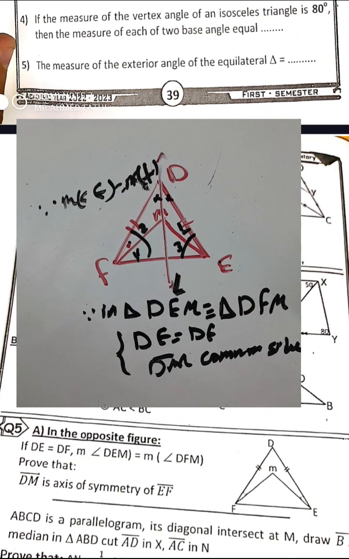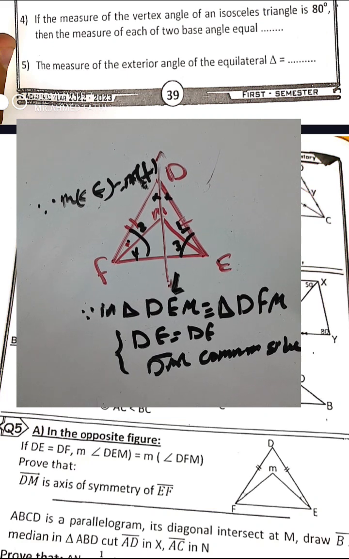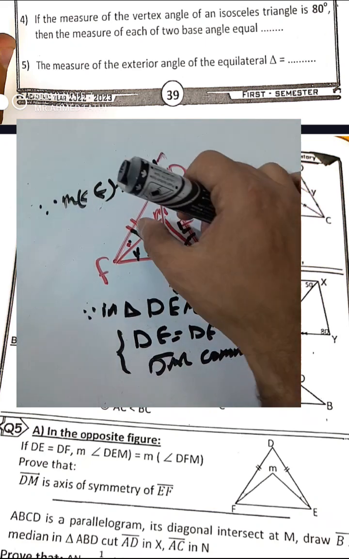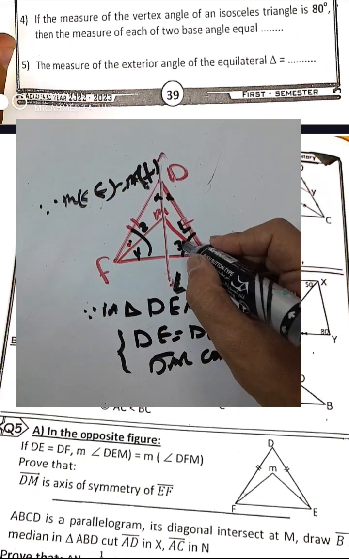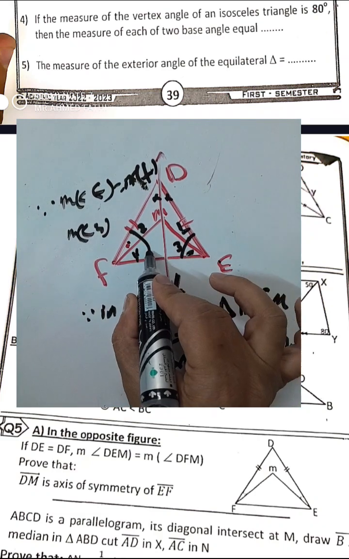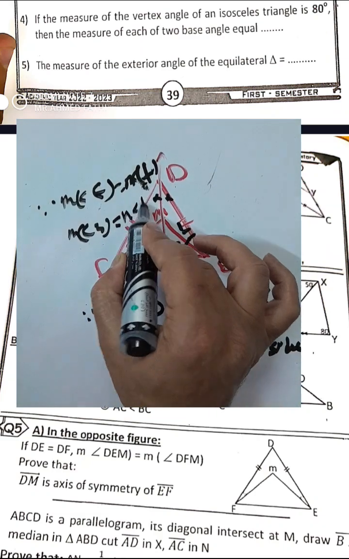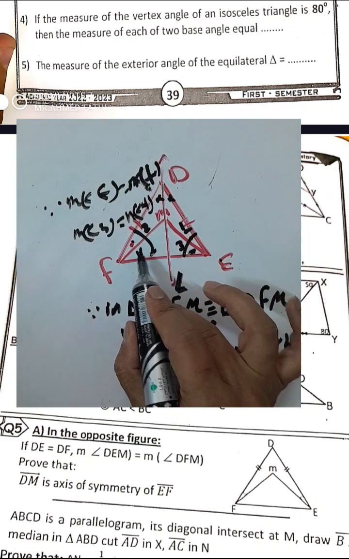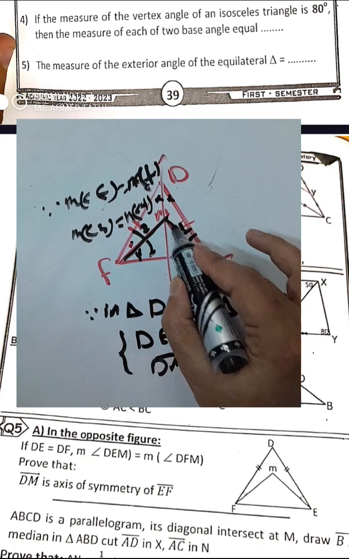Okay, we have side, angle and angle. Then measure of angle 3 equals 4, such that measure angle 3 equals measure angle 4. In this triangle it will be isosceles.